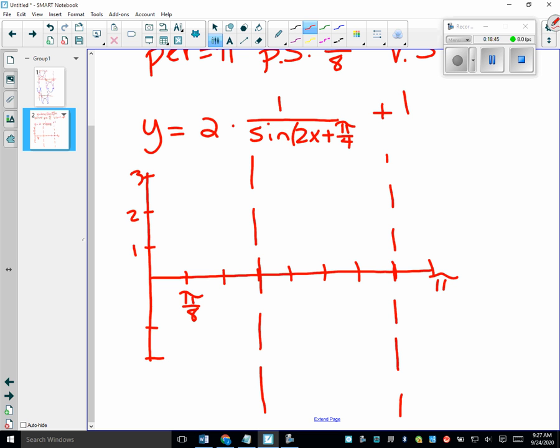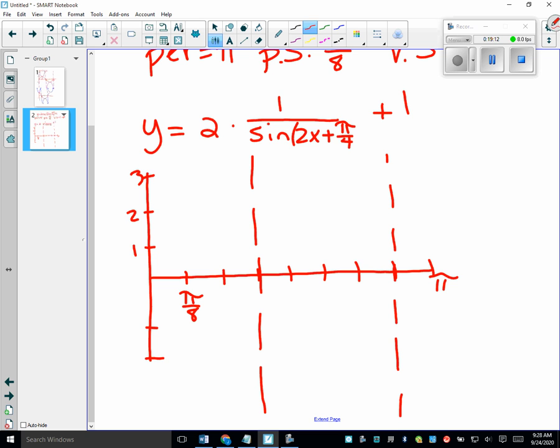Now, somewhere in here is the lowest point or highest point of my graph. Highest. I need a point for my graph.